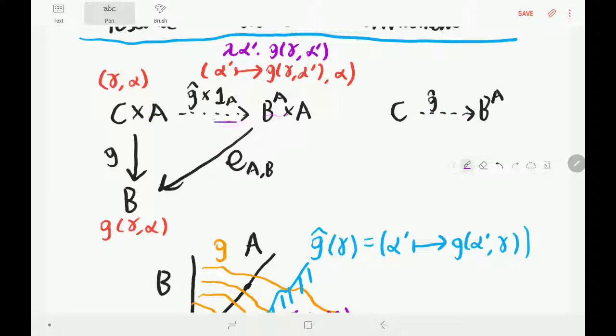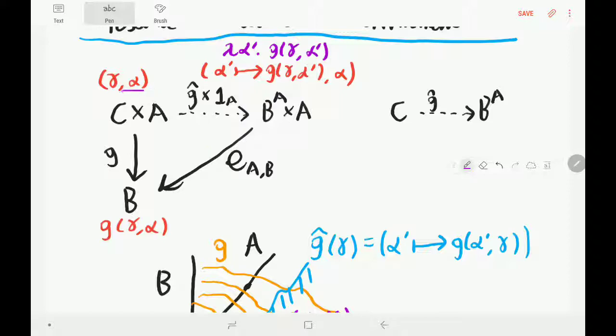We've already talked about that. Now, let's suppose we start with some gamma comma alpha in C times A. Now, we can do G on that. So the output would be G of gamma comma alpha. That's one way around. But what about going the other way around this triangle? This is supposed to commute.